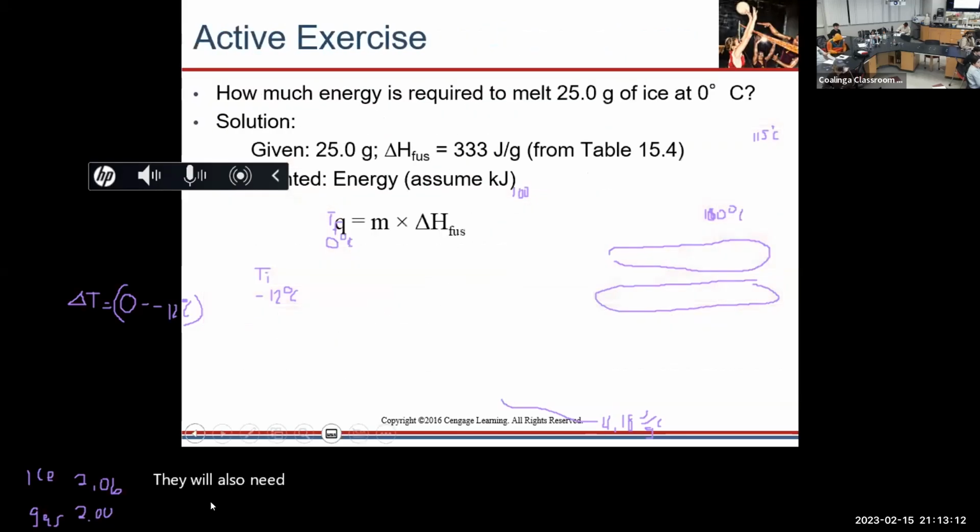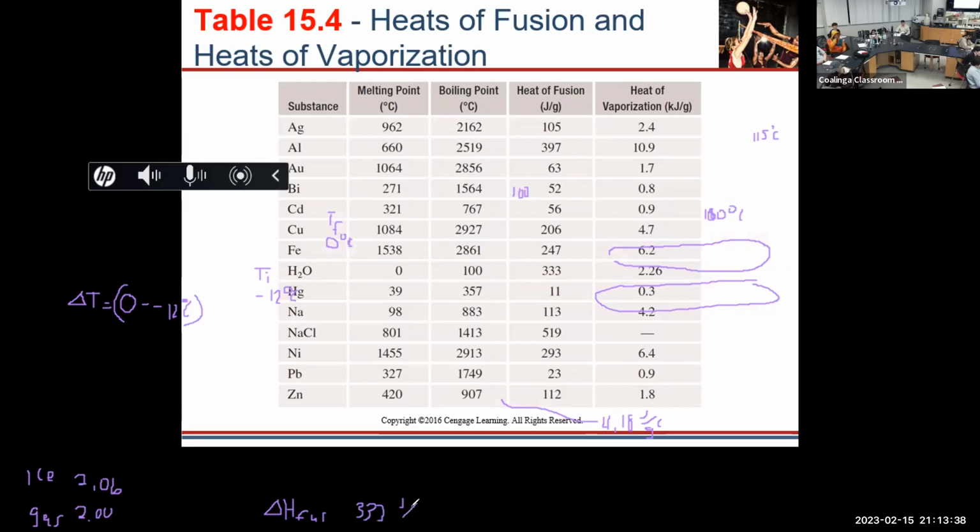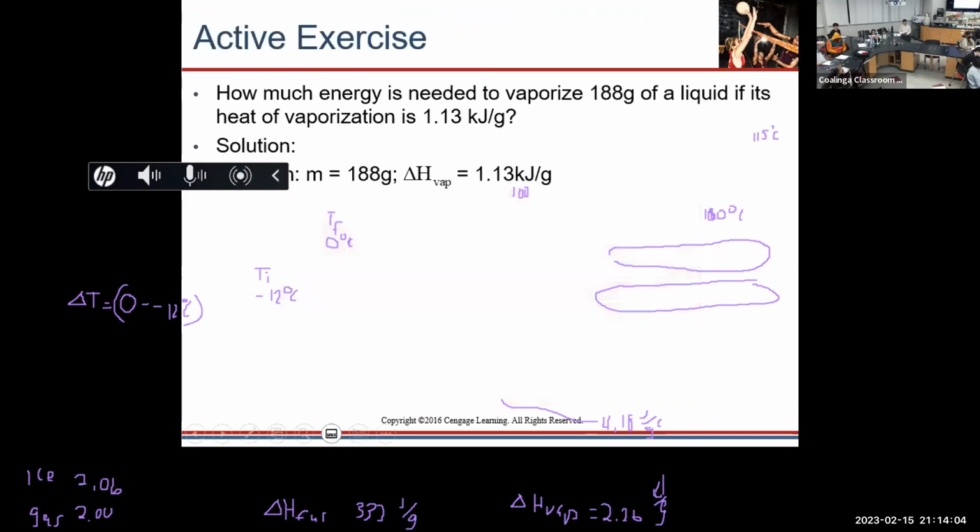Also need our heat of fusion and our heat of vaporization for water. Now we got everything that we need.